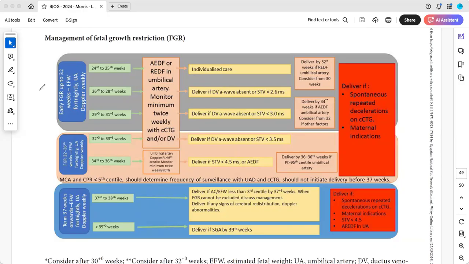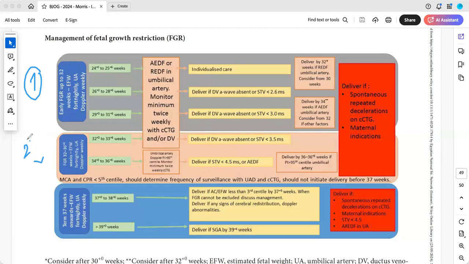So we will explain to the candidate what they have done in this algorithm: they give you the first part, the early fetal growth restriction babies. And here is the late, in the second part.